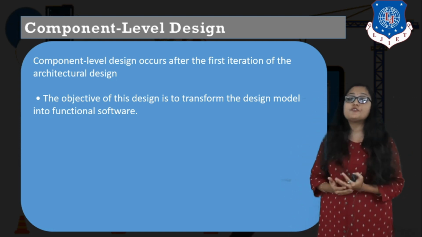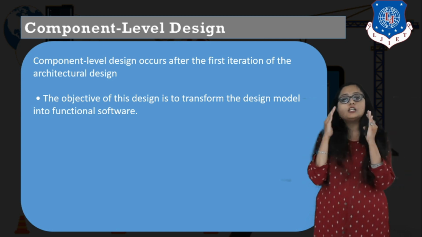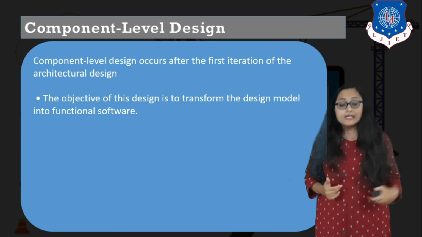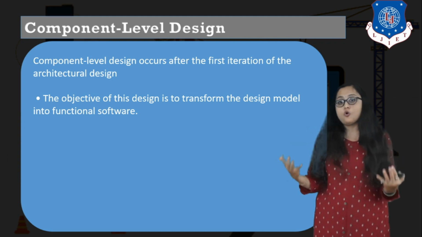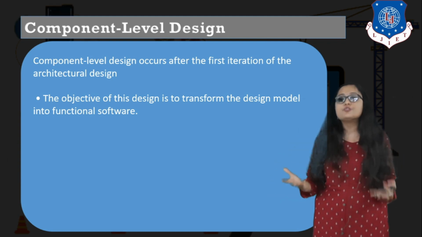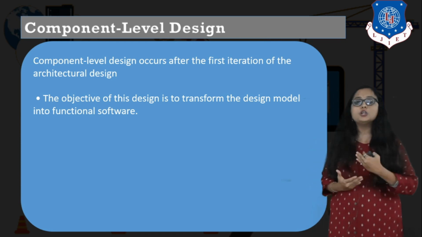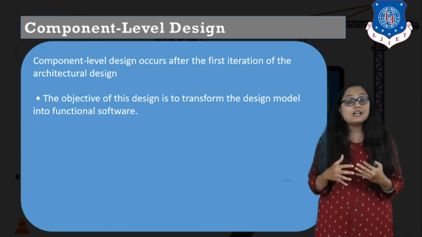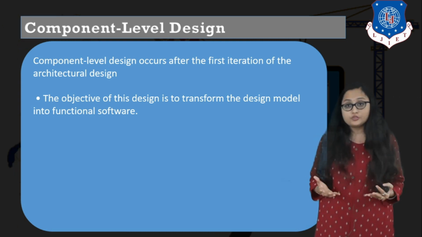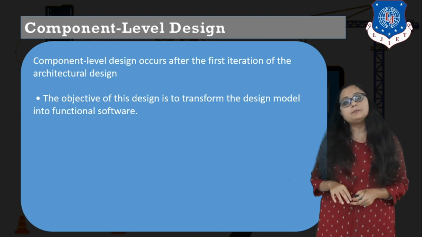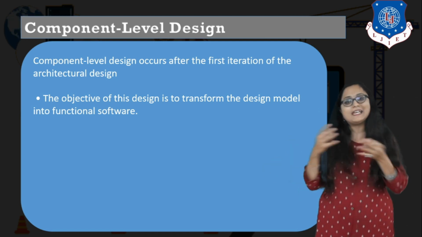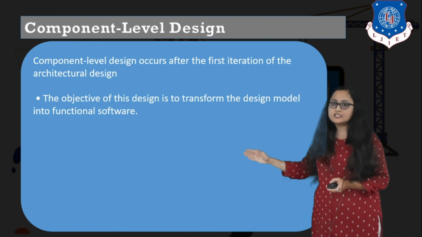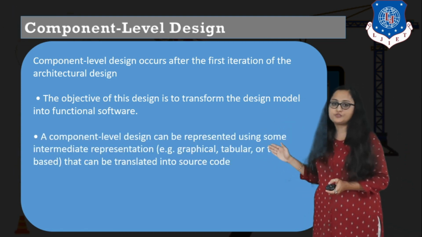The main objective of component level designing is to transform the design model into functional software. It means that we already have the overall structure and the abstract view of our system. Now we want to refine the abstraction and develop a software that the implementers, or developers, may take and only write the code. So we are basically transforming the design level into functional software.